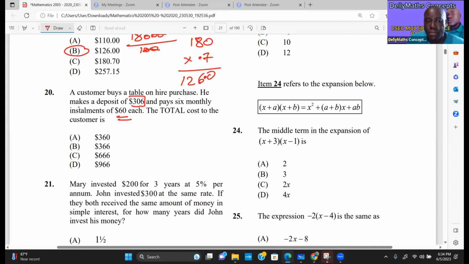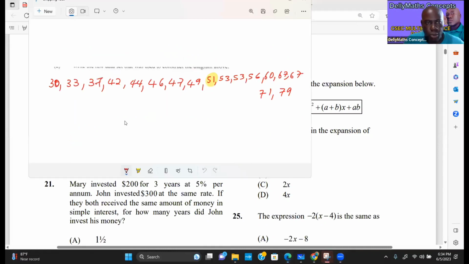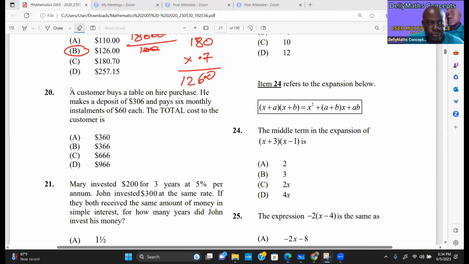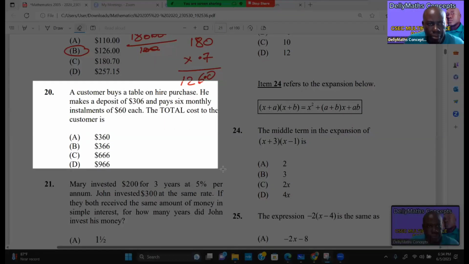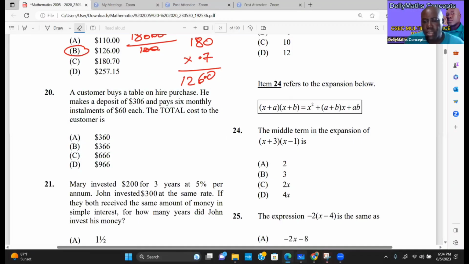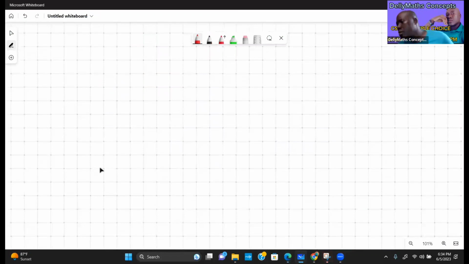What is hire purchase? Hire purchase, we might need a little space. So let me bring this one to the other board so that we can employ a little. Plug it in, Eve. One second.